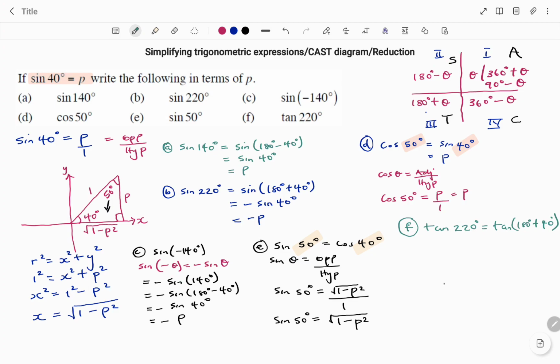The value of tan in the third quadrant is positive, so that will give me tan 40 degrees. Tan is the same thing as opposite over adjacent for my trig ratios, so therefore tan 40 degrees, going back to my first diagram, for 40 degrees, opposite 40 degrees, I have p over adjacent, which is square root of 1 minus p squared.